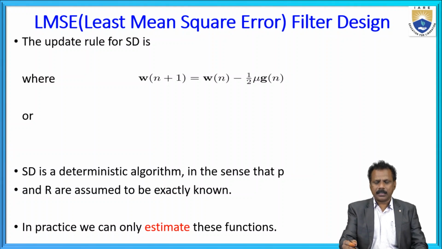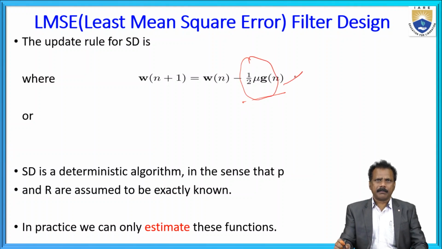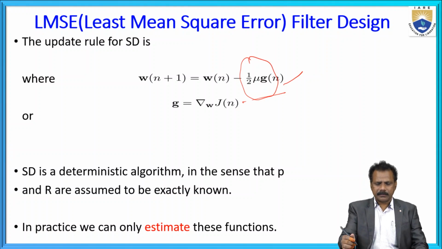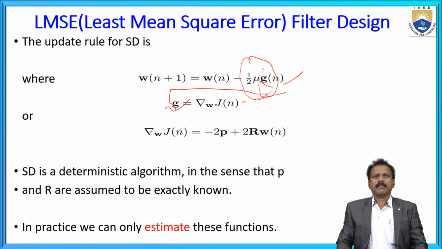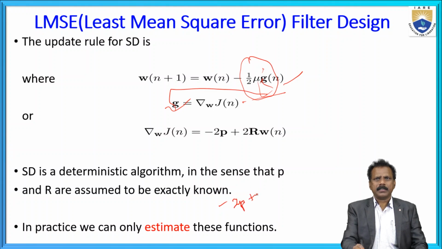Here G is equal to the gradient of J of n, which is minus 2p plus 2 R W of n. We substitute G here, and like this you can use the update rule for SD.